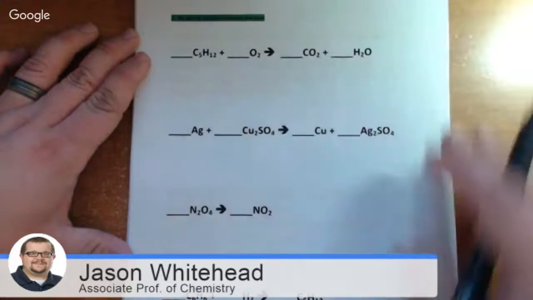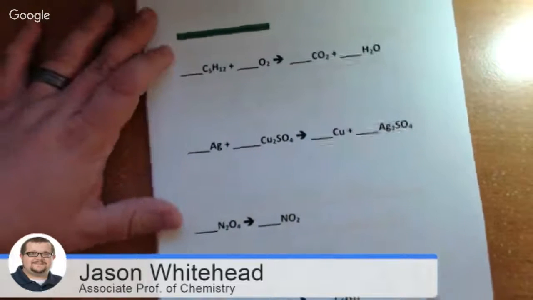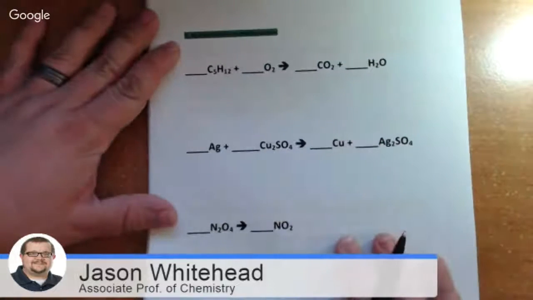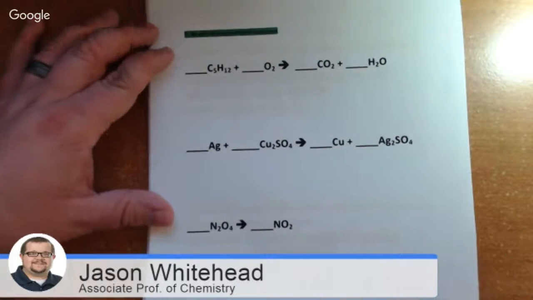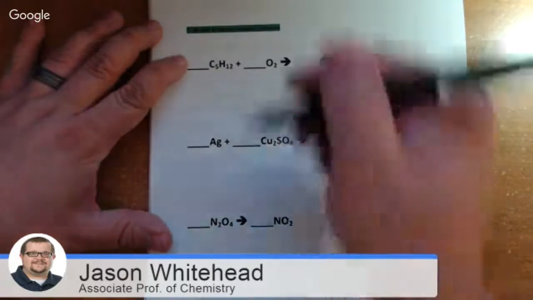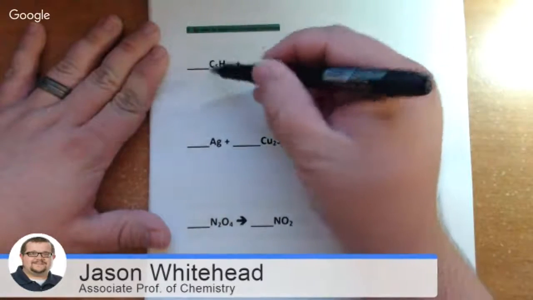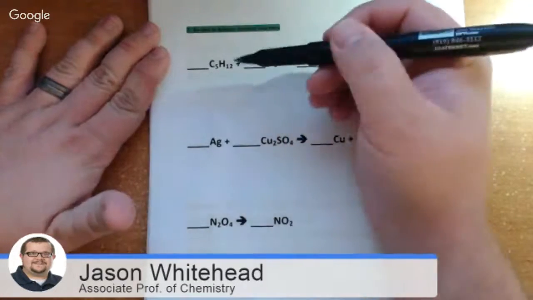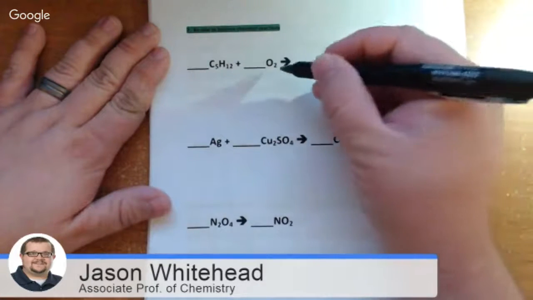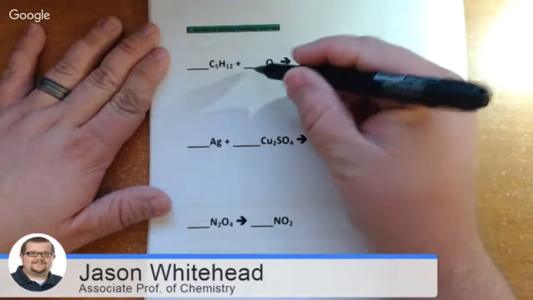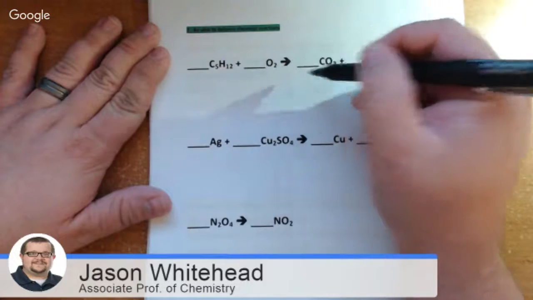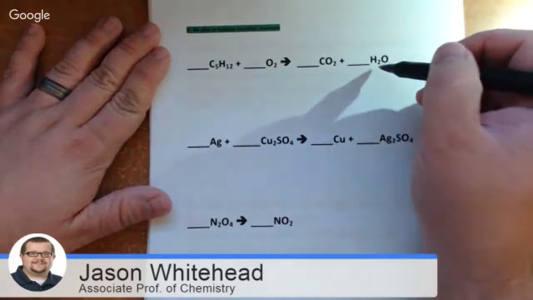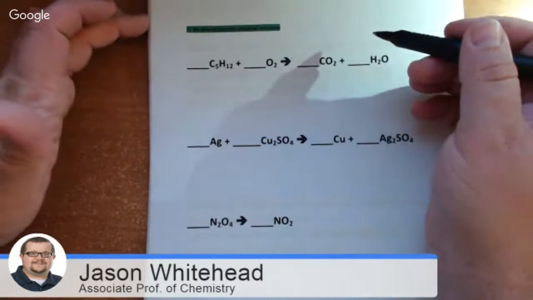Okay, good. Combustion. All right, so we're going to go through each one of these. Before we go and balance them, we're just going to identify the type of reaction. You're going to have some type of fuel, and this is usually a hydrocarbon, plus O2. You've got your gas here. That's going to go to form CO2 and H2O, so in a complete combustion.